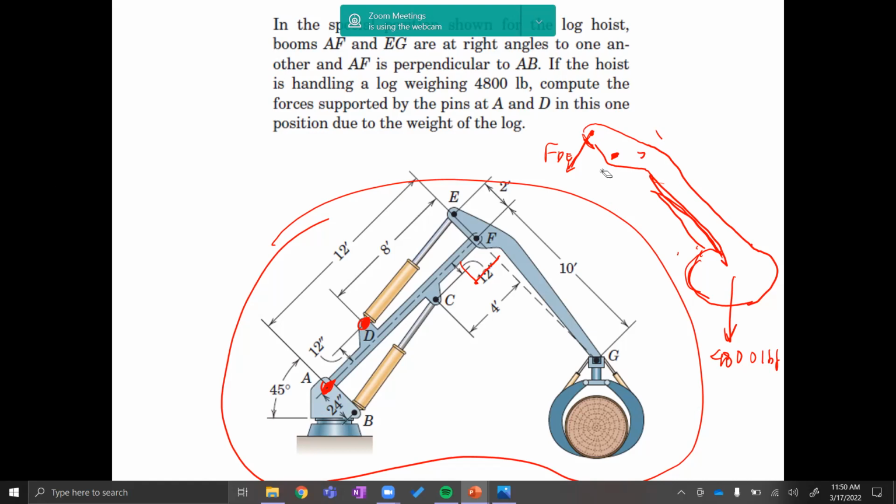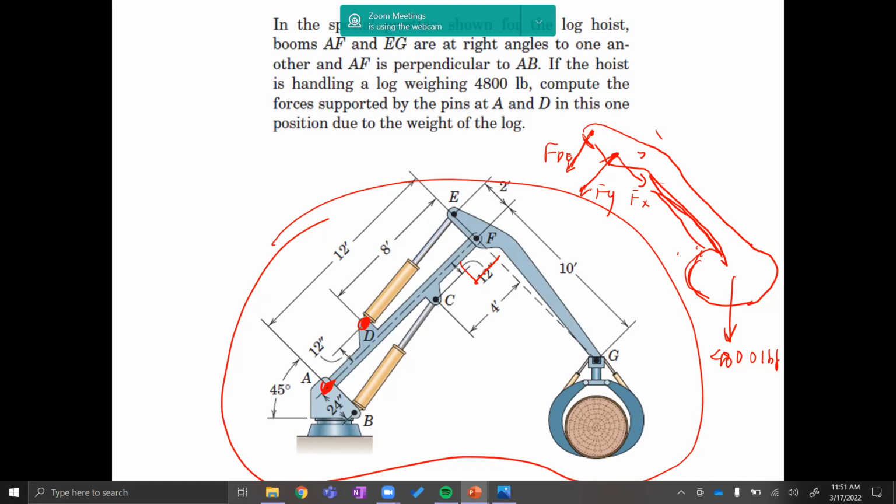And it is allowed. So this is our Fy, and this is our Fx. As long as they are perpendicular to each other, it is supposed to be okay.